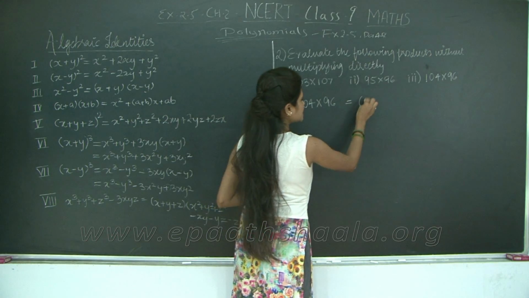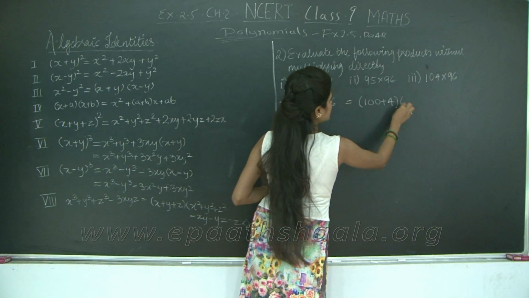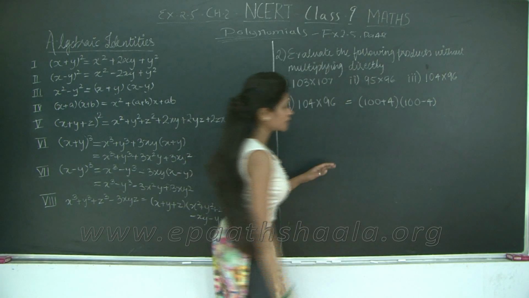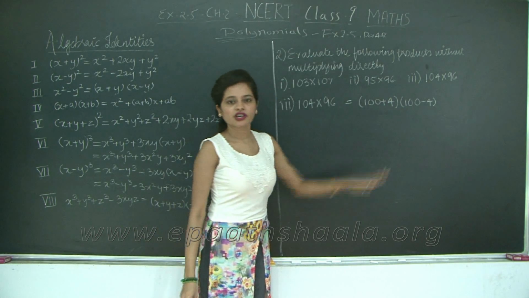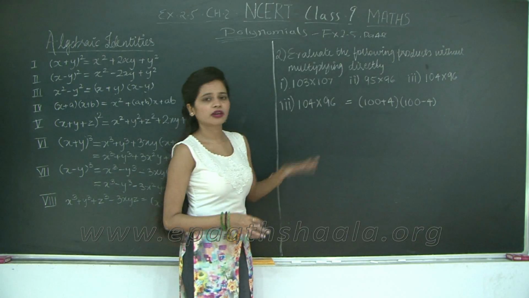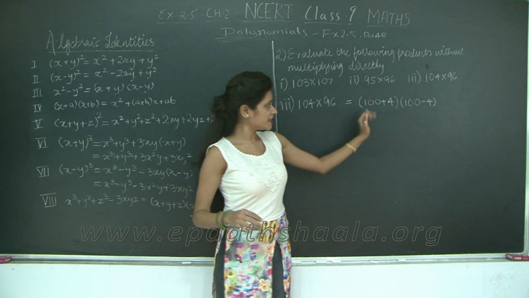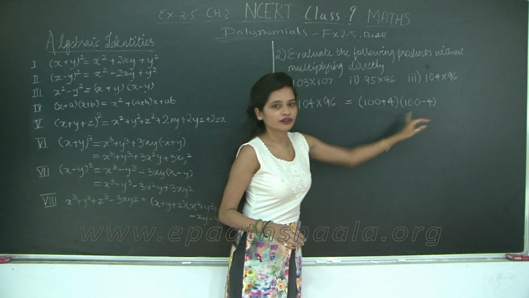104 can be written as 100 plus 4 and 96 can be written as 100 minus 4. You know, splitting is half the job done. After splitting the terms, you know which identity to use, you can bang on, you just solve the sum. Okay. So now this is x, which is same, and look at the second term, we have 4. Okay.